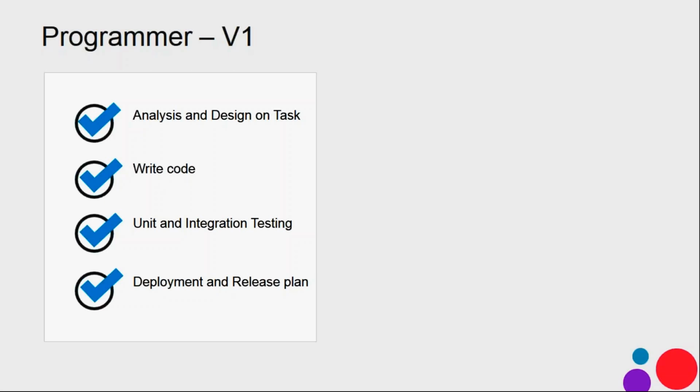Every programmer would go through these 4 features: analysis and design on the task, the programmer can write the code, the programmer can do unit and integration testing, and this interface can be involved in the deployment and the release plan. So these are the 4 basic features which would be introduced in the first version, and all the implementing classes will be extending these functionalities based on their requirements.